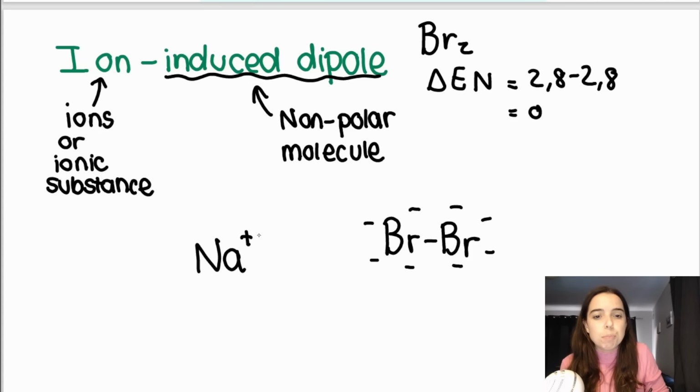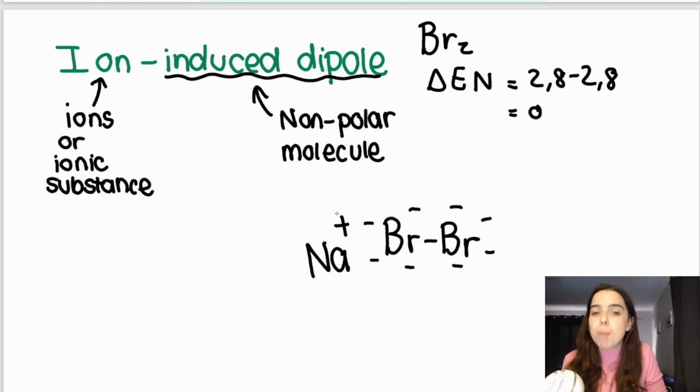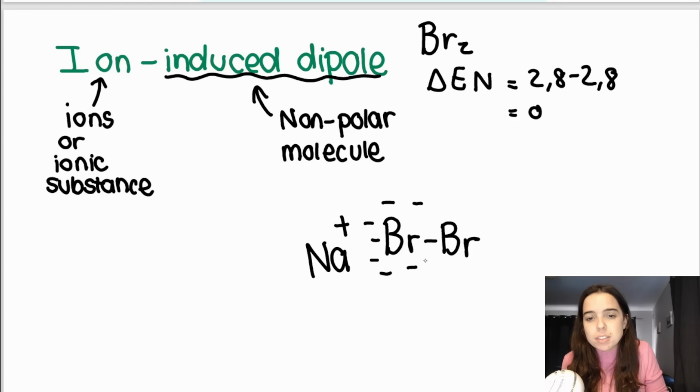But as this sodium ion moves closer to the bromine molecule, what do you know about positives and negatives? They attract. So what ends up happening is all these little negative electrons temporarily get attracted to the sodium ion. And look at what happens. This side of the molecule becomes partially negative, and this side of the molecule becomes partially positive.